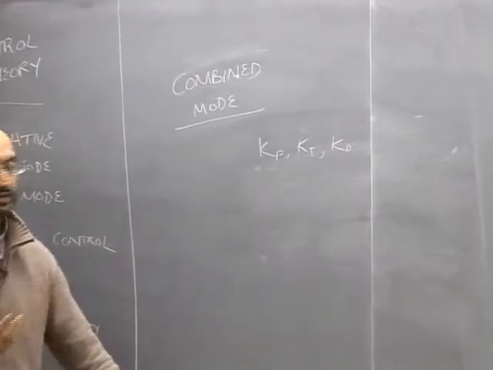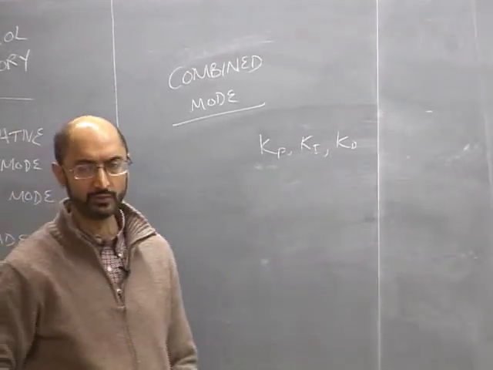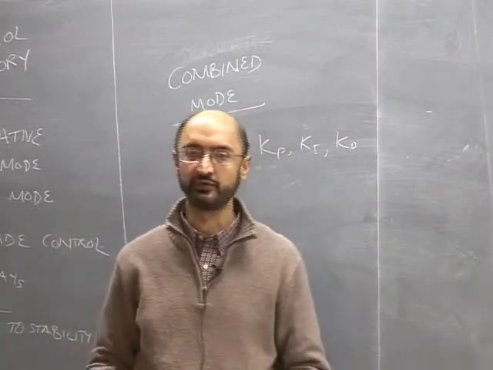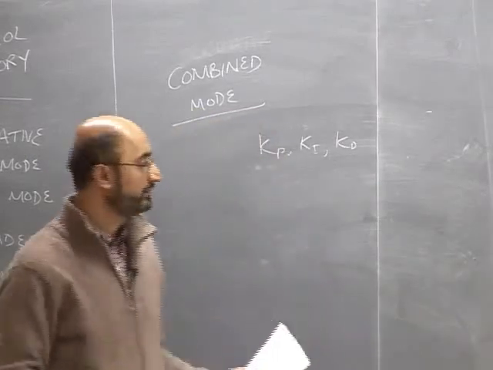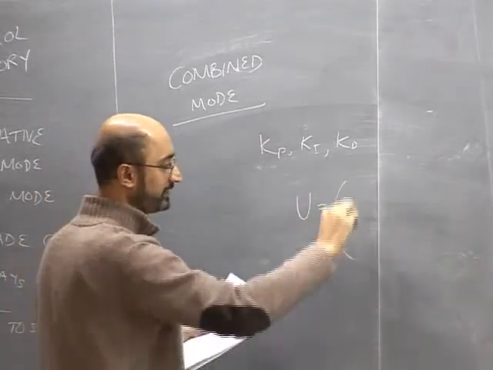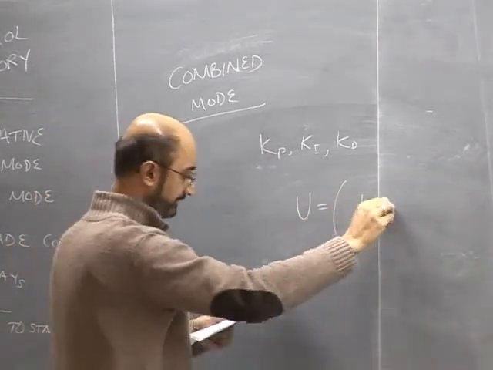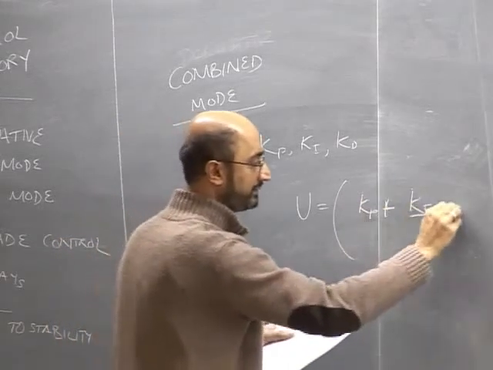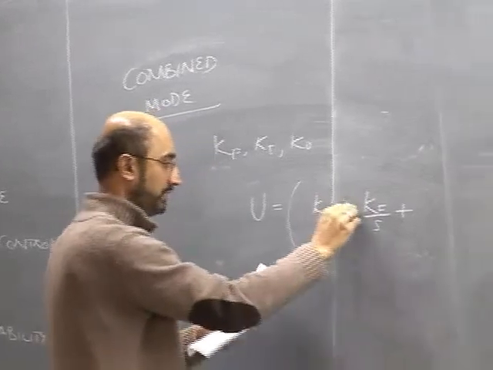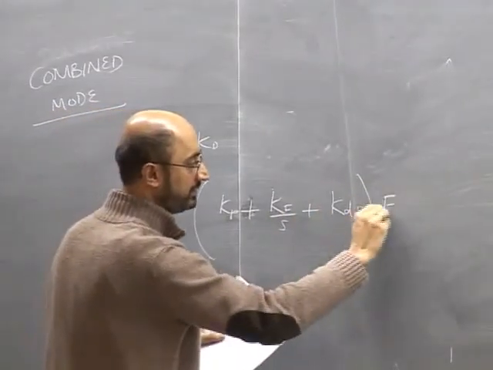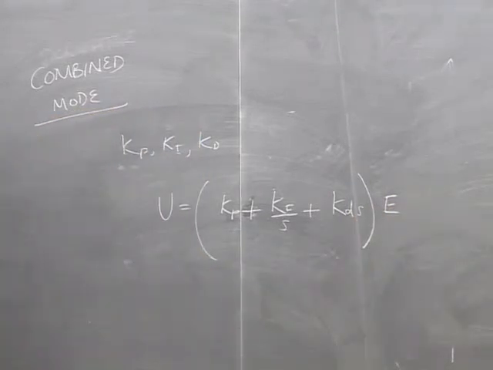You can essentially set these 3 knobs and get the response you want. So we can define a mixed mode where U, the control action, is going to be Kp plus Ki by s plus Kd s, times E, and this is basically mixed mode control. We have the 3 constants.